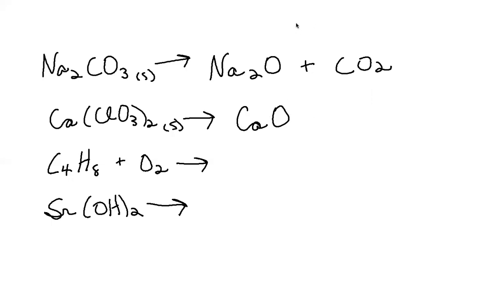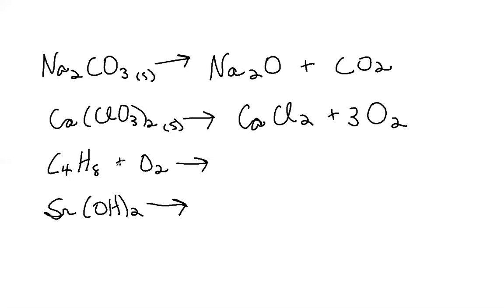Our chlorates break down into metal chlorides, for goodness sake. So this is CaCl2 plus oxygen O2. Now we need to balance that. We'll need a 3 there, and now it's balanced. It's the carbonates that break down into the oxides. The chlorates do not break down into oxides, just oxygen.